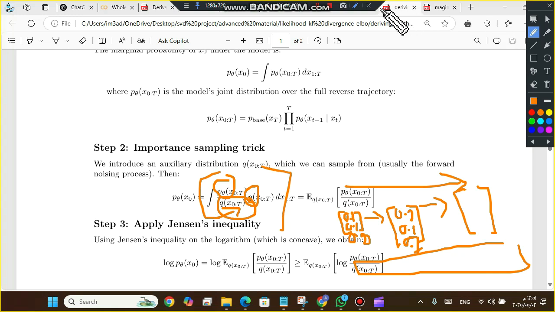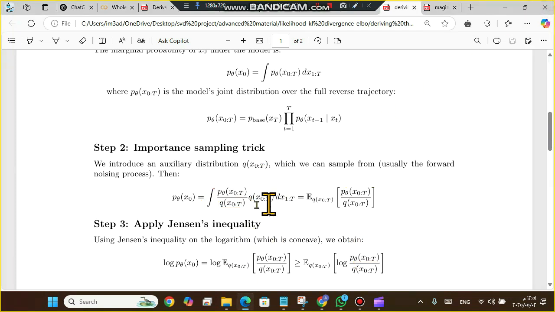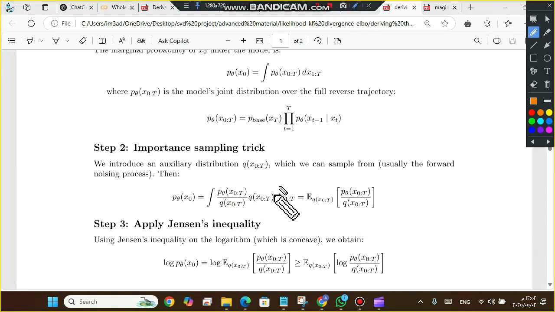So it looks like the ground truth, right? Very nice. So we have actually done nothing over here. We have just multiplied and divided by the same quantity. Another way of writing this quantity is this way. So this is the exact formula for the expectation of q of x from 0 to t of this quantity.